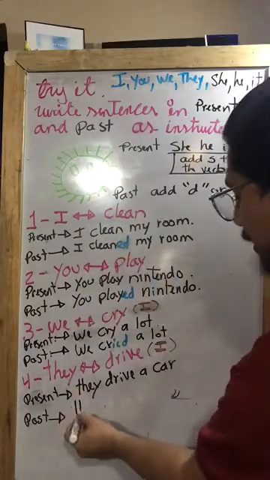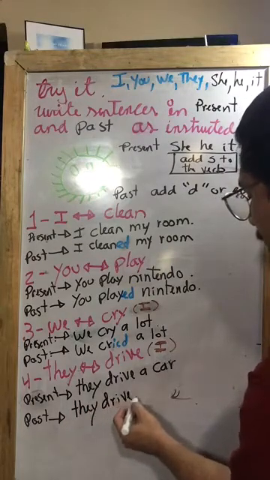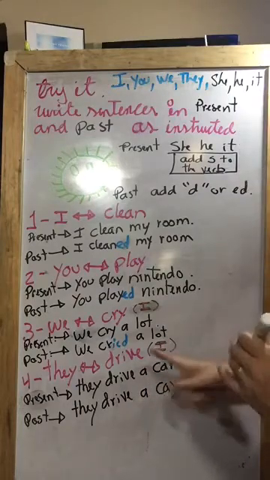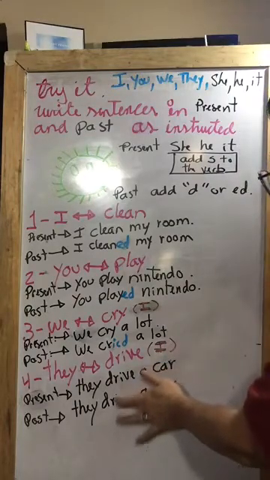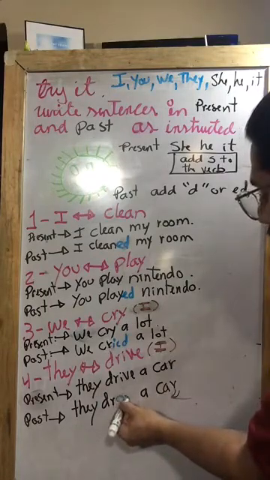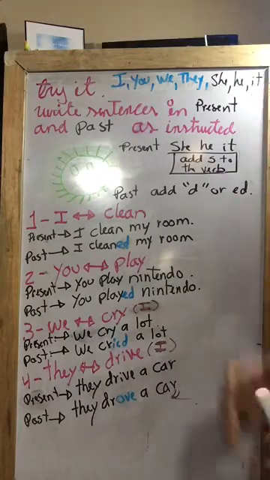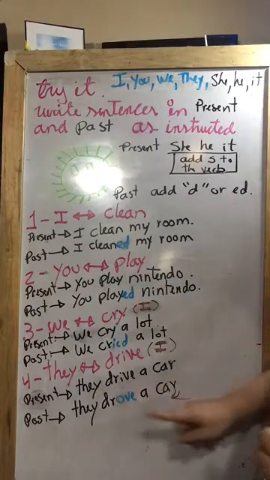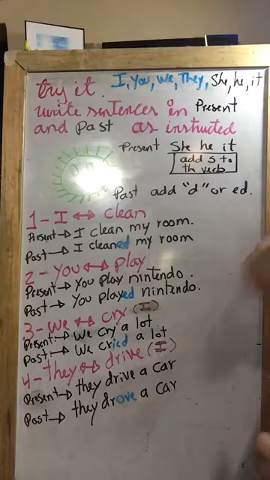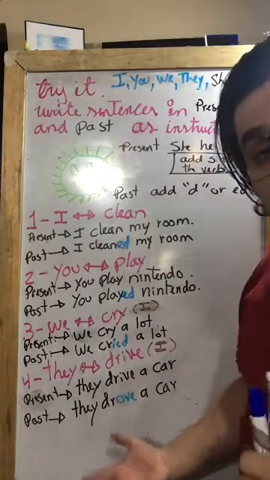So we write they drive a car. But the past tense for drive is not drived. It's drove. So we change the I for an O and then VE. So we have they drove a car. Okay? So this is the example of what we are going to do today in our classwork.